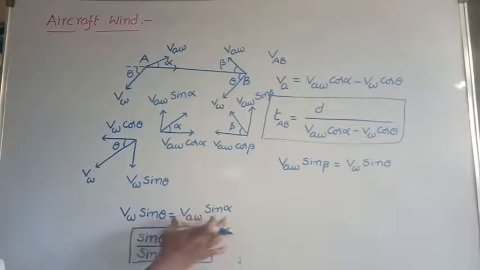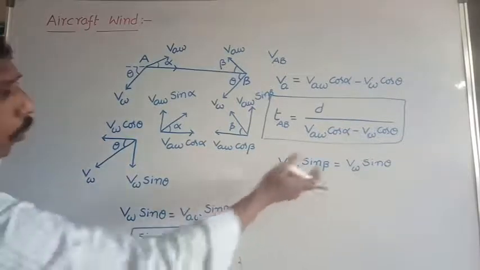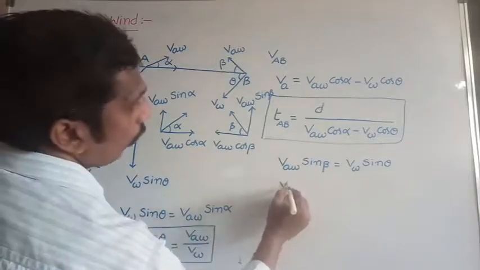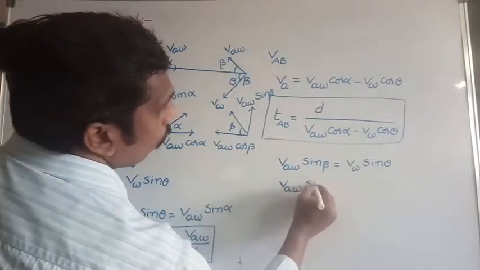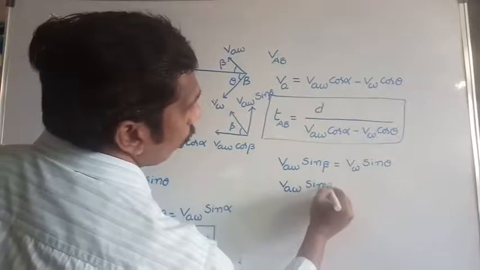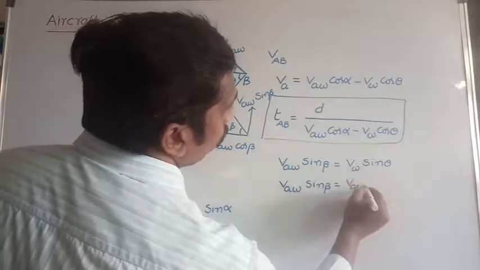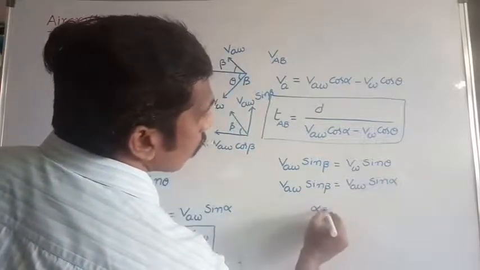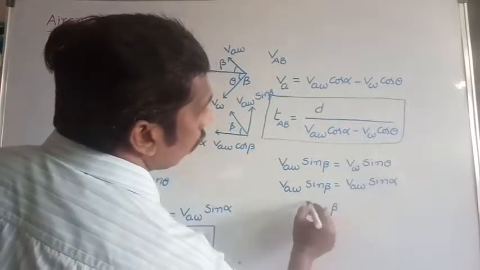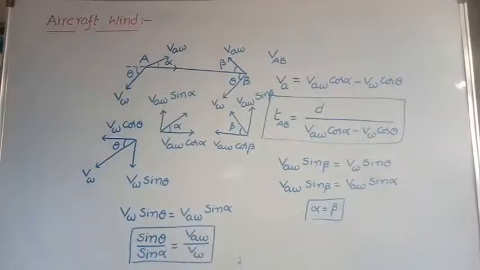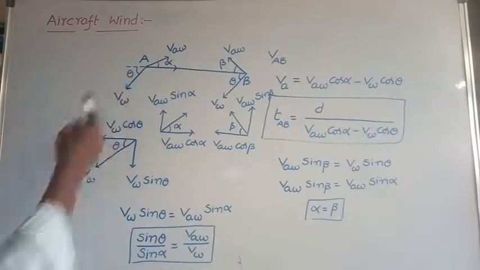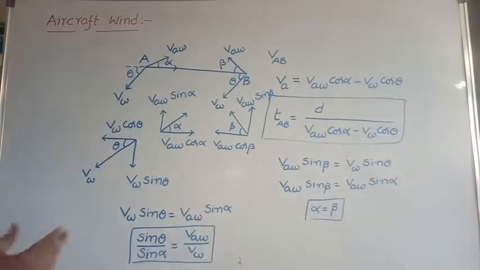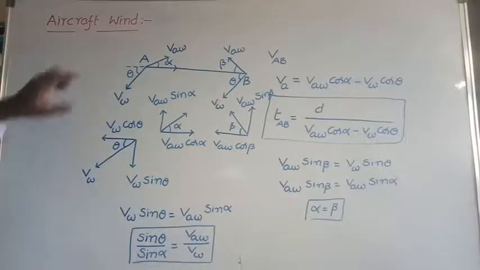So equating, we get VAW sine beta is equal to VAW into sine alpha. From this, alpha must be equal to beta. To travel from B to A also, it must travel with the same angle. So alpha equal to beta.